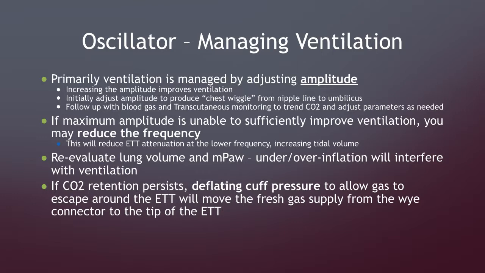Amplitude power is really set based off your appropriate chest wiggle, and this really helps facilitate carbon dioxide clearance with ventilation. With neonates we typically like to see the chest wiggle down to the umbilical region. With larger adult patients, we like to see the chest wiggle go all the way down to the mid-thigh, pelvic region.